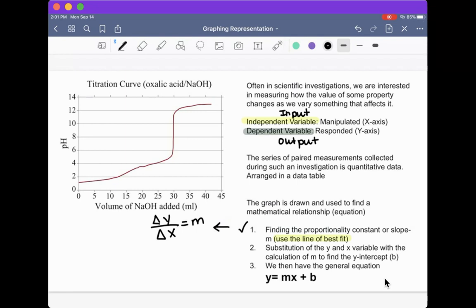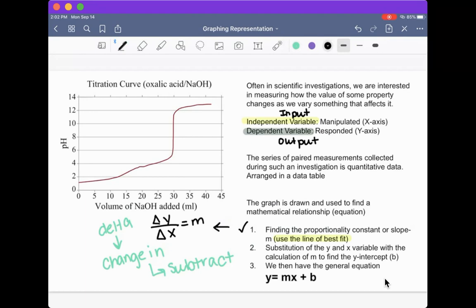All right, so we'll pick 2 points and we will do the change in y over the change in x. Now, one of the things I want to help you with here, this little triangle is called a delta. And that delta symbol always means change in. And what does that mean mathematically? That means you are going to subtract those 2 values. Okay, so just to help you.